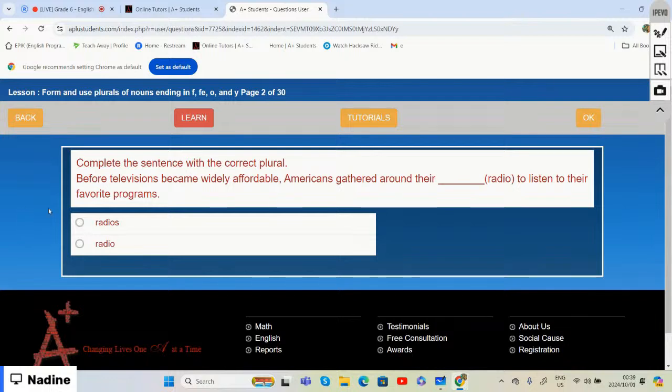All right, the next one says before televisions became widely affordable, Americans gathered around their radios, or do we say radio, to listen to their favorite program. So now we need to give the plural of radio.